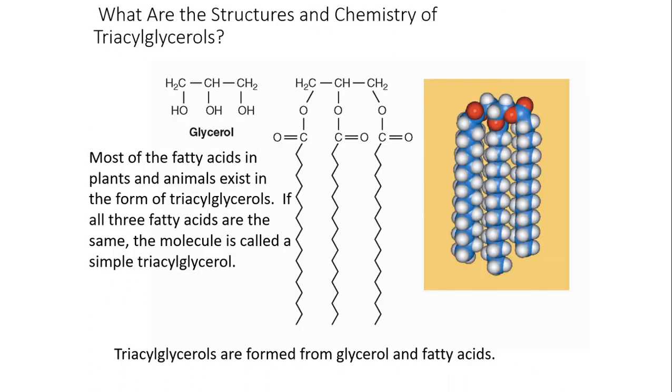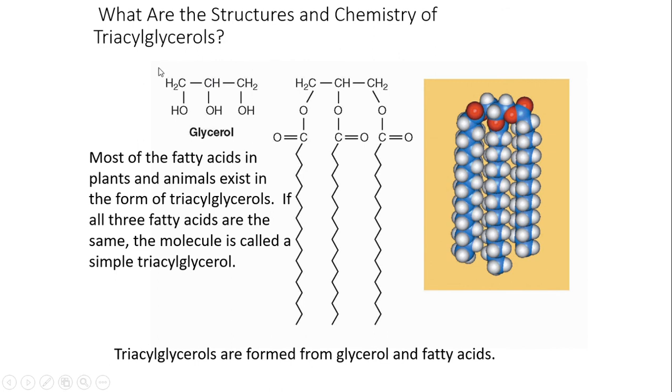So what is the storage molecule for these fatty acids? Triacylglycerols. We can also call them triglycerides, and it is the major energy storage in mammals, and these are stored in adipose tissue, which again is lipid storage.